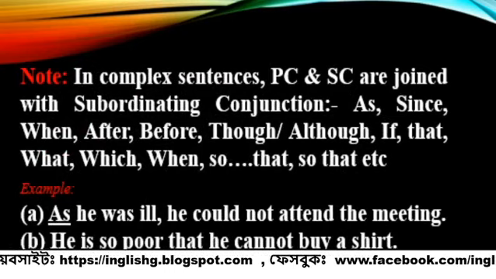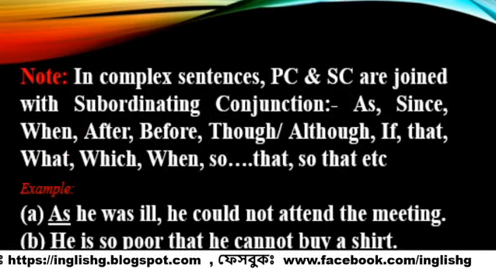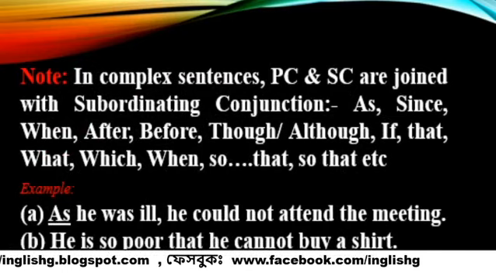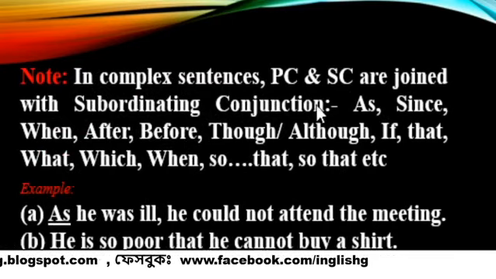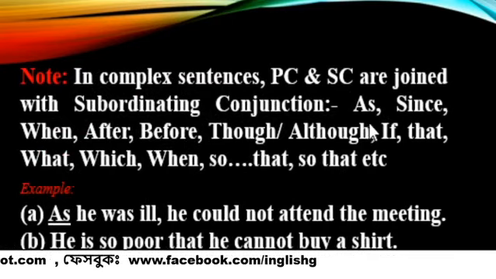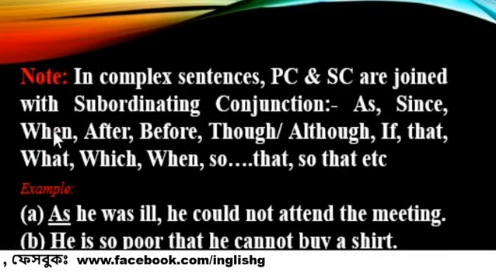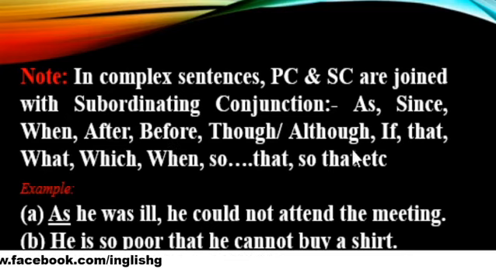In a complex sentence, the principal clause and the subordinate clause are joined with a subordinating conjunction, such as since, when, after, before, though, although, if, that, what, which, so that, etc. All these are called subordinating conjunctions, used in complex sentences.